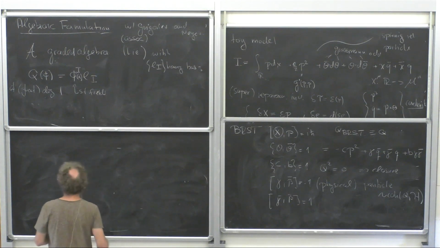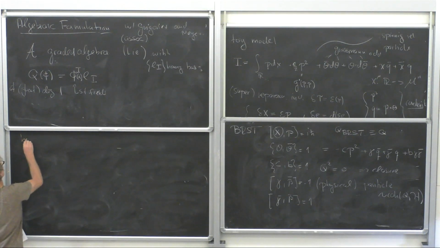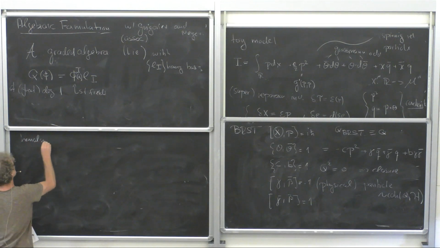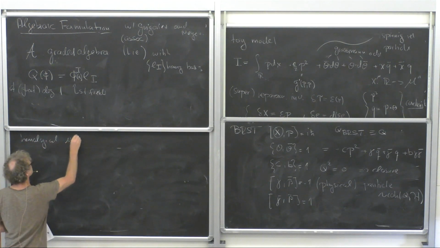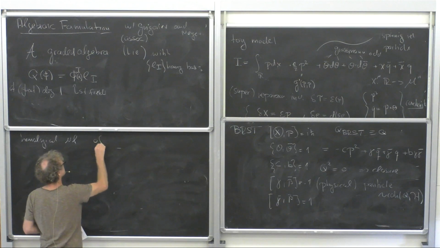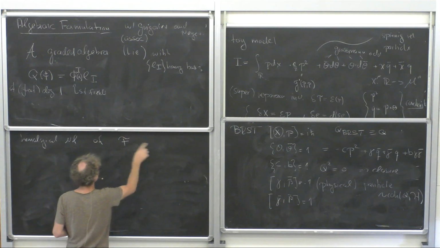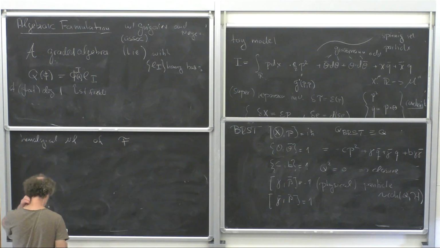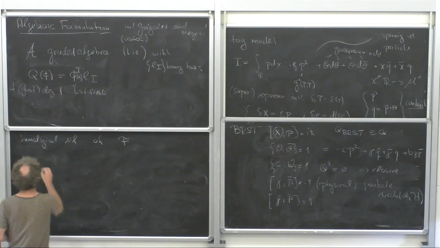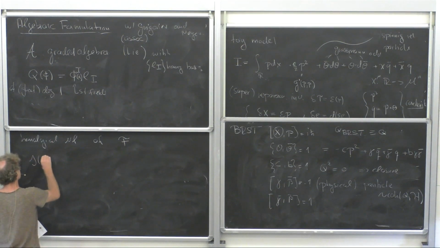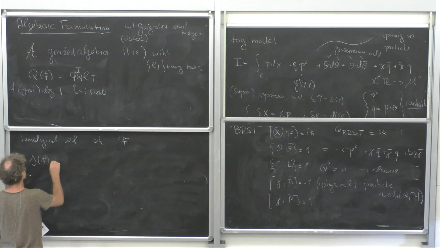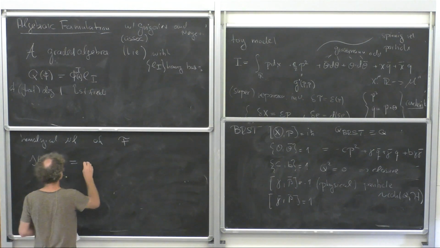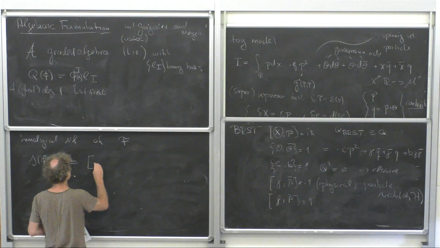I'm going to define some homological vector field on the space of fields, which I denoted by F previously, simply by saying that S of phi contracted with e_i is defined as being the gradient anti-commutator.